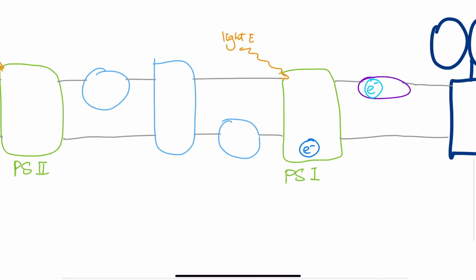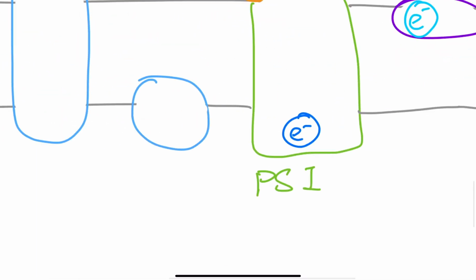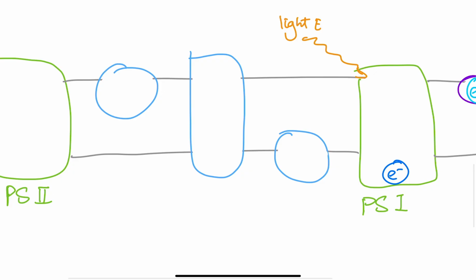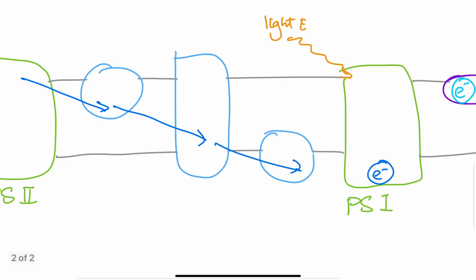So one thing I want to talk about before I move on is that you realize this electron here, when it was getting moved down this chain of electron carriers, releases energy every time.